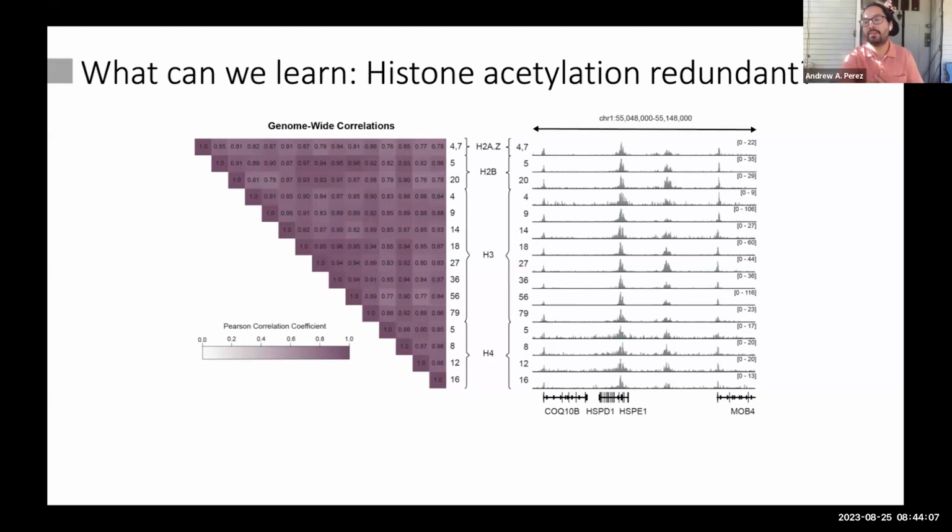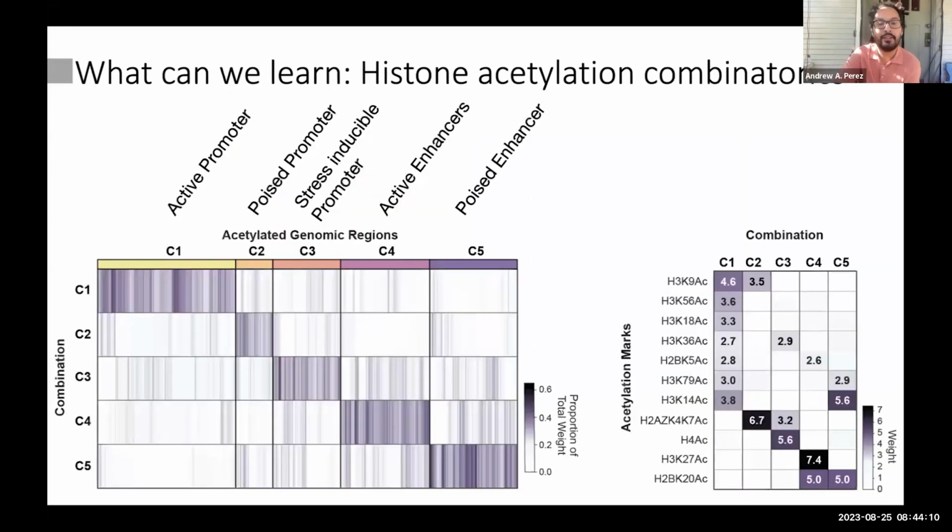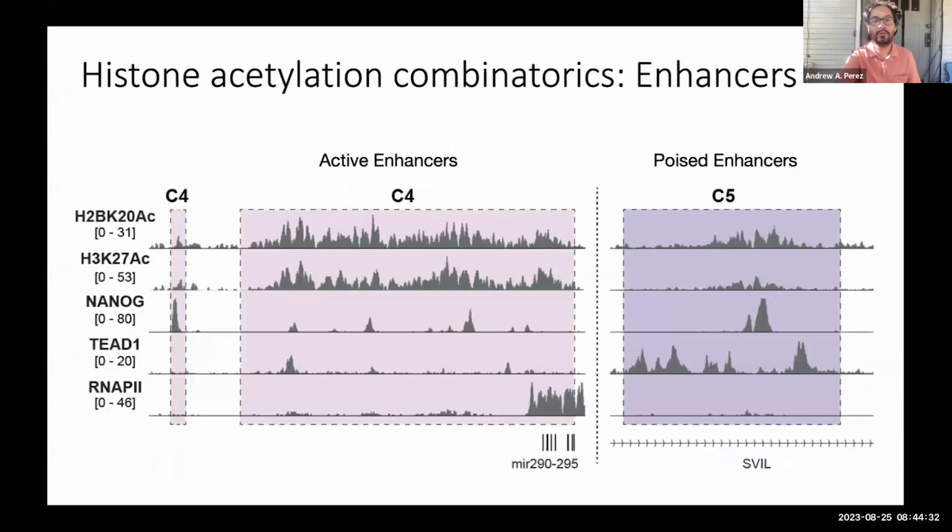And to try and understand if there is some sort of code here, we did non-negative matrix factorization to split it out into 5 different categories or combinations of histone modifications based on their enrichment. And so what we pulled out was active promoters, poised promoters, stress-inducible promoters, active enhancers, and poised enhancers. I'm not going to go into examples for each one of these for time's sake, but I will show you some enhancers.